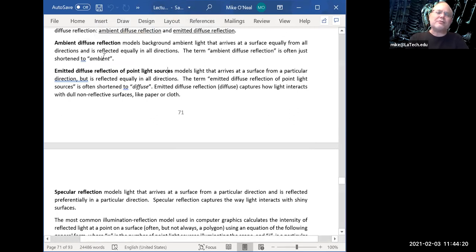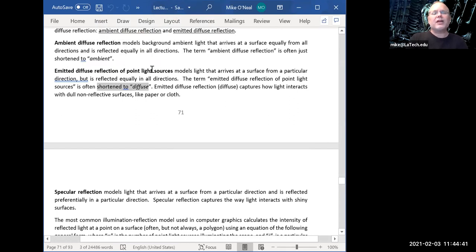So again, ambient diffuse reflection is often just shortened to ambient. Emitted diffuse reflection of point light sources is a mouthful, so again, we frequently just say diffuse, even though ambient is also a type of diffuse reflection.